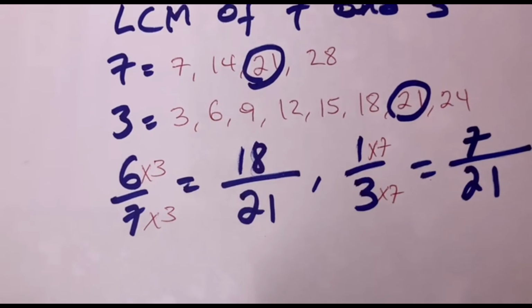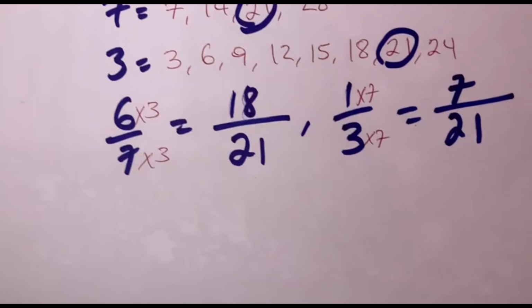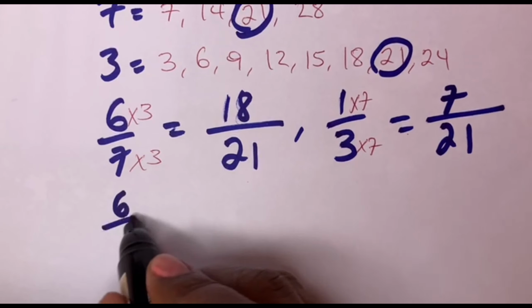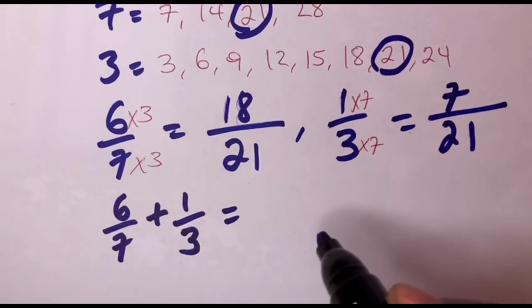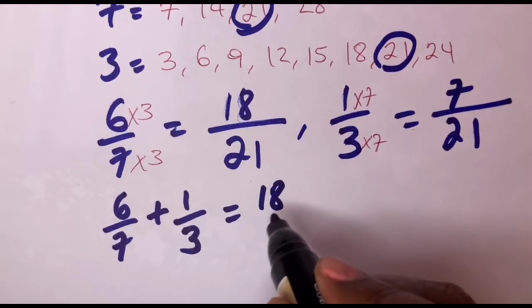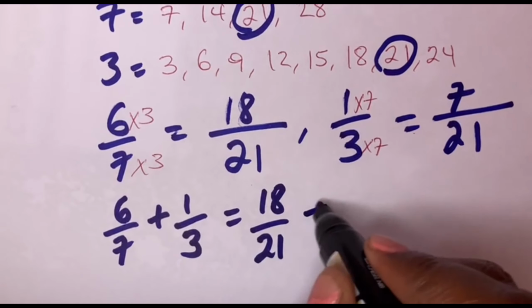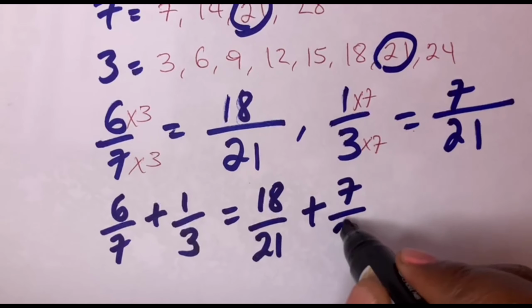All right. Therefore, our new numbers, 6 over 7 plus 1 over 3, change into 18 over 21 plus 7 over 21.